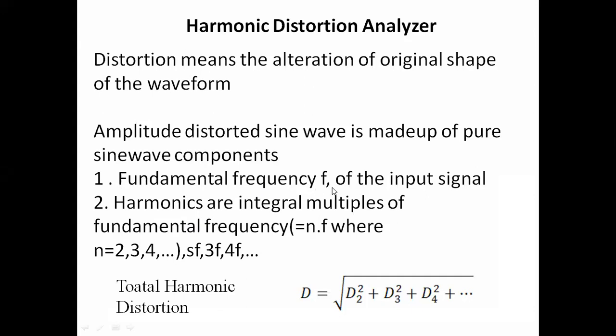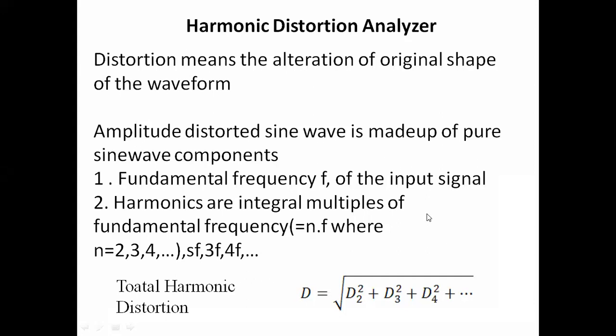So the main thing is that we have to suppress the fundamental frequency component. For a given input or test signal having both fundamental frequency and harmonic components, we have to suppress the fundamental frequency and allow the other frequency components to be measured in the meter.